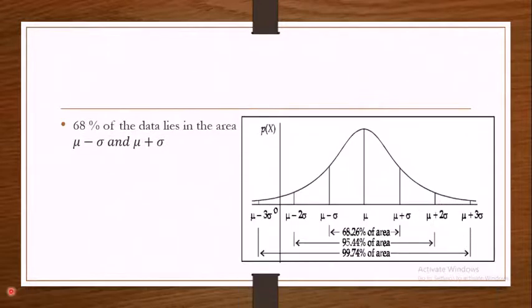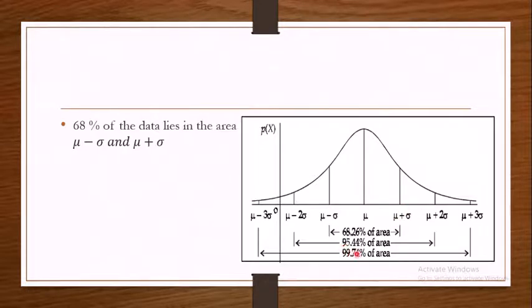Also, we have to look at the area of this graphical representation. Now, if you take this bell-shaped curve, that is a normal curve, 68.26% of the area, or of the data, is contained in the area between mu minus sigma and mu plus sigma.